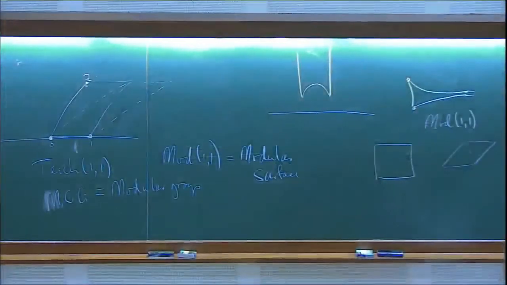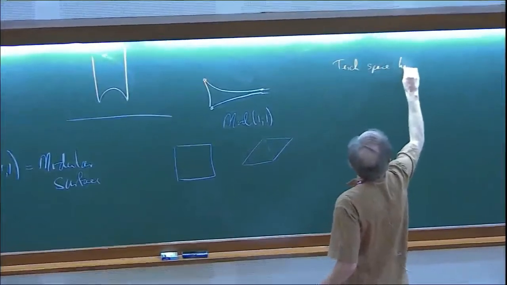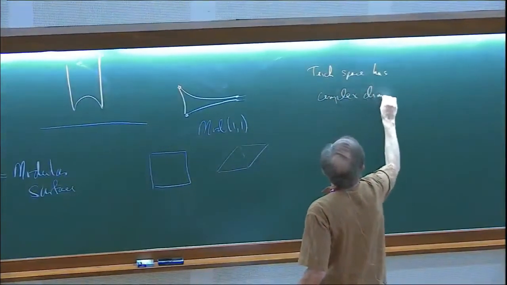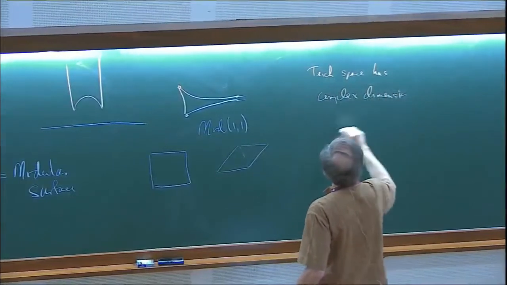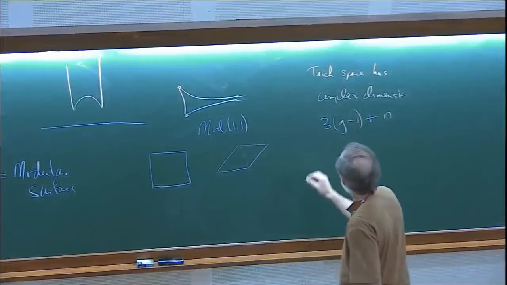And in general, you get the Teichmüller space as a complex dimension 3 times (g minus 1) plus n.